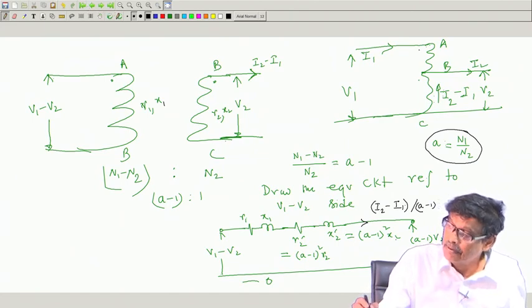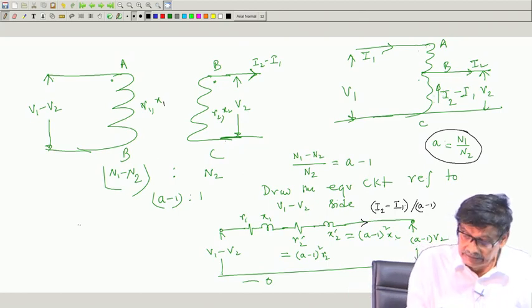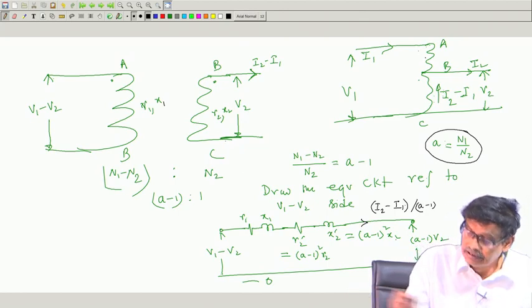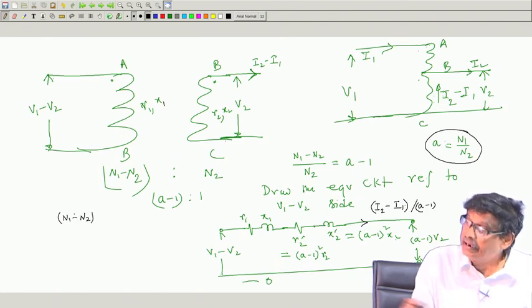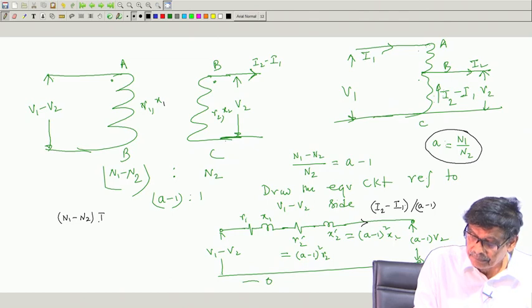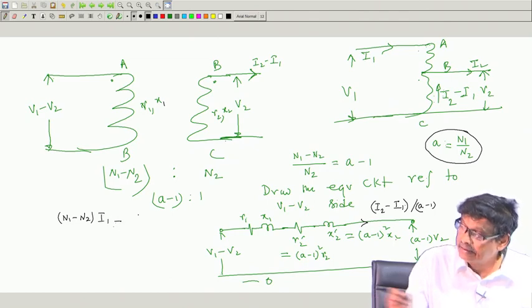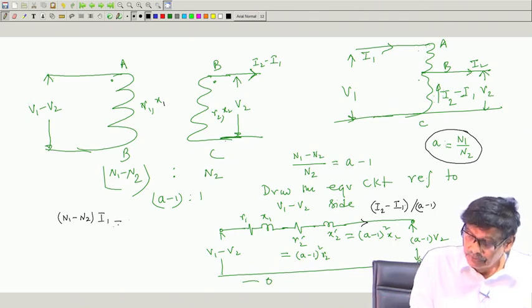See, the MMF of this portion, MMF balance: N 1 minus N 2 into I 1 is same as N 2 into I 2 minus I 1. This is the fundamental thing.